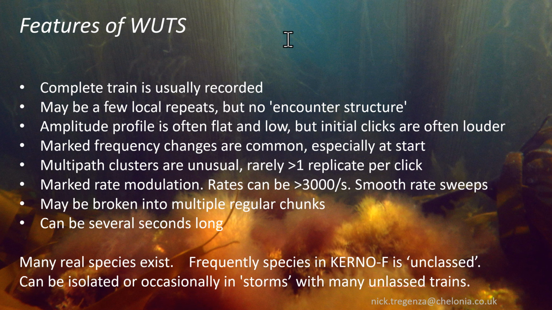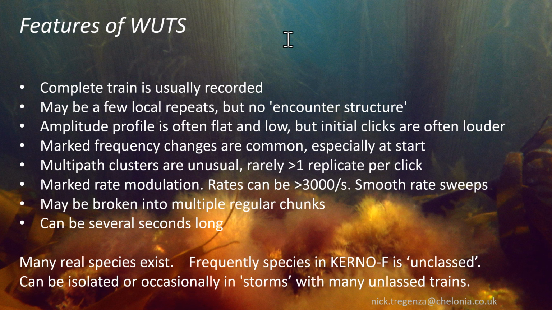It may have small bumps, but there isn't the sort of nice humps you get generally with cetacean click trains. And the initial clicks are often louder. There are often marked frequency changes. Multipath clusters are unusual. Get a lot of modulation of click rates. And they may be broken into multiple regular chunks, and they can be several seconds long.